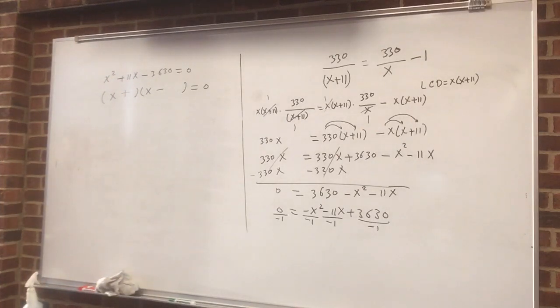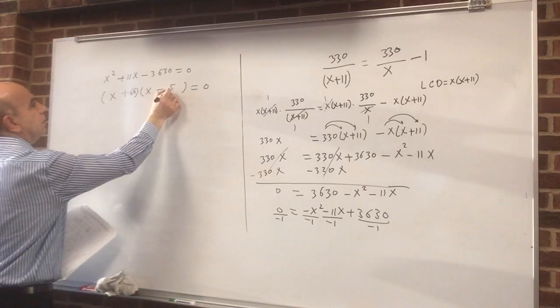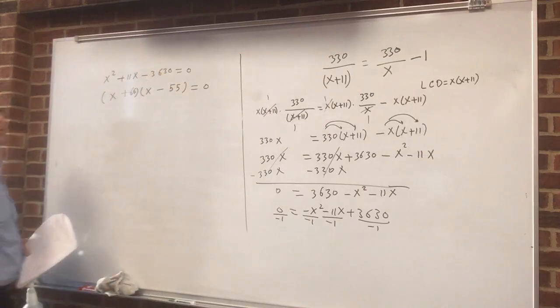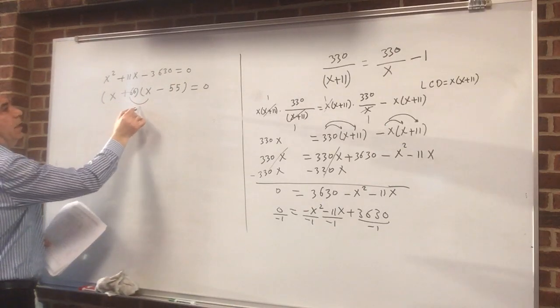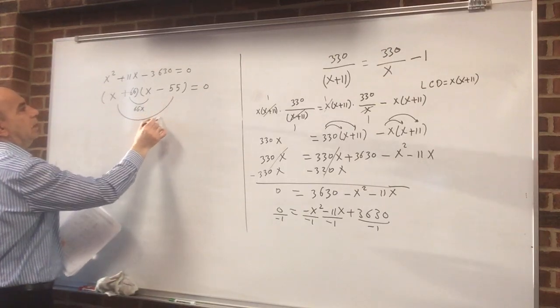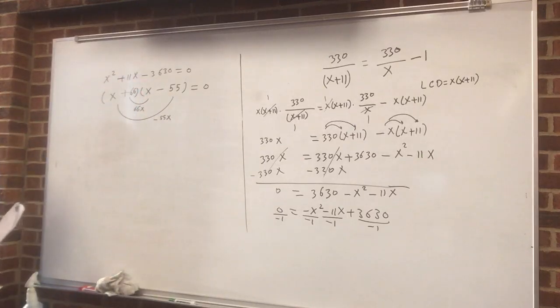The two numbers are 66 and 55. If we multiply 66 times 55, we get this number. Now let us check: 66x minus 55x equals 11x, which is the middle term.